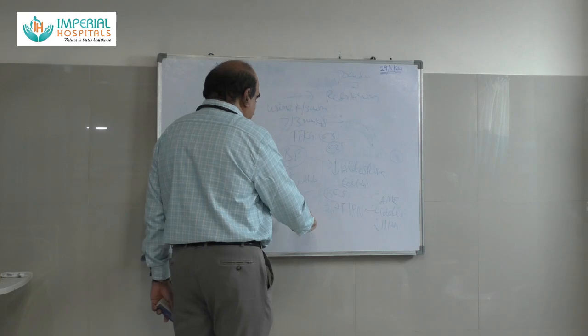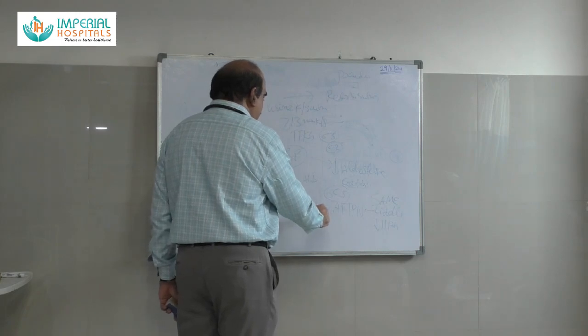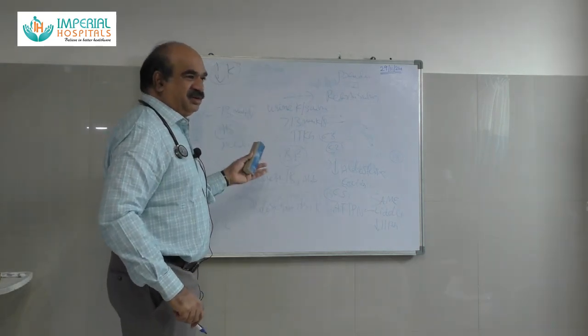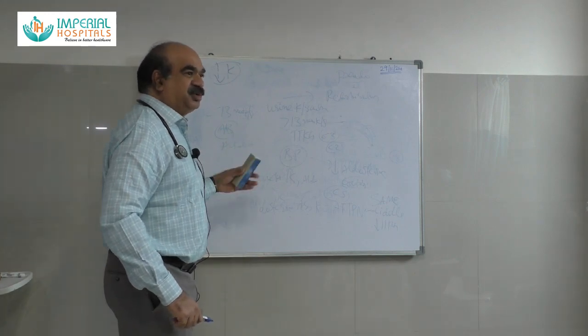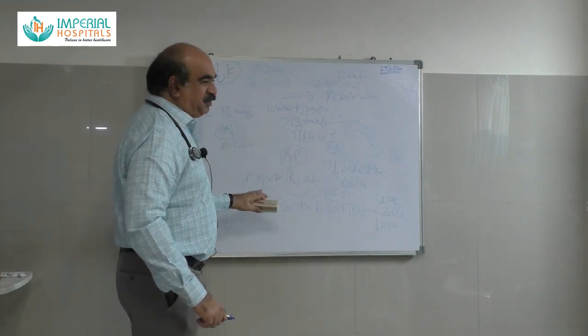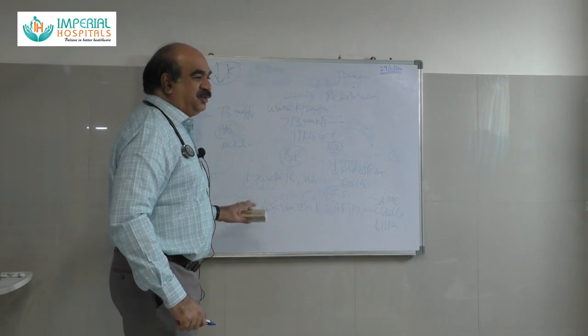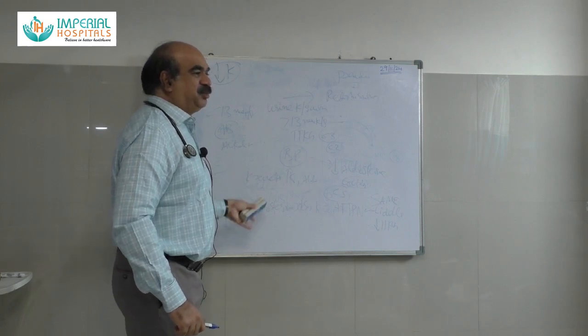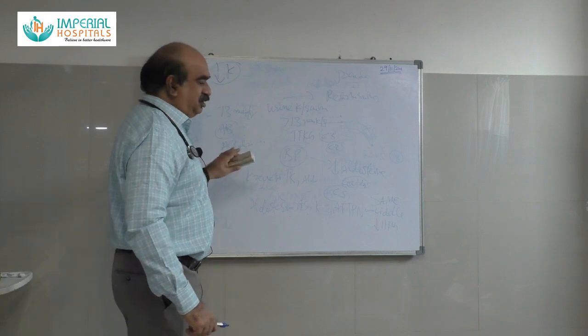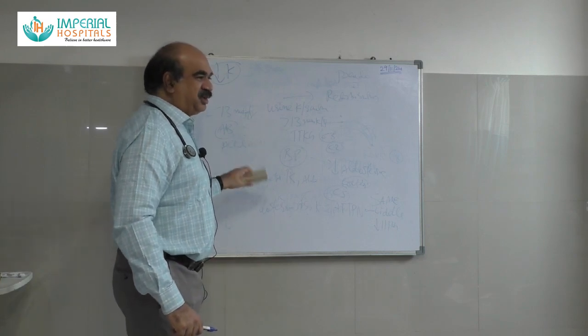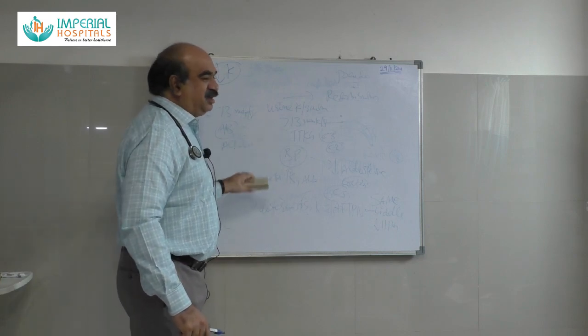One is angiotensin, the second is again potassium. If potassium is high, there will be increased aldosterone secretion to decrease potassium level. That promotes potassium secretion.